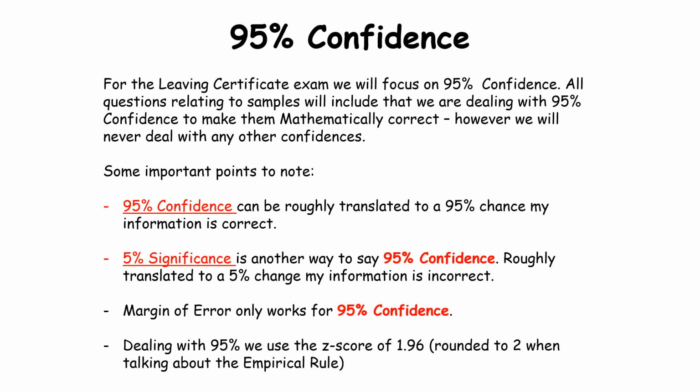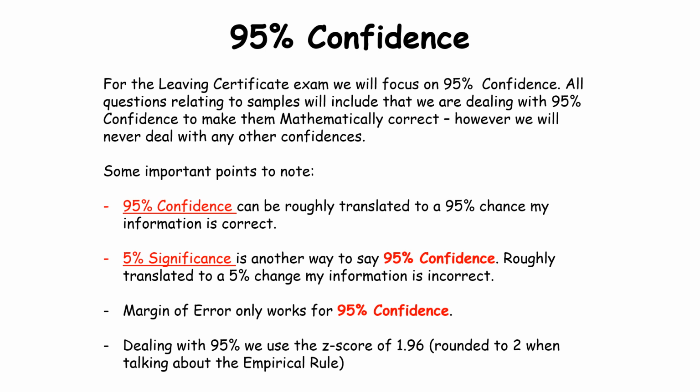This is just another way to say 95% confidence, and roughly translated it means a 5% chance that my information is incorrect. So think of it this way: if there's a 95% chance I'm right, there's a 5% chance I'm wrong. That's basically what the 95% confidence and the 5% significance are saying. One is saying just the same thing as the other, just in a different way.